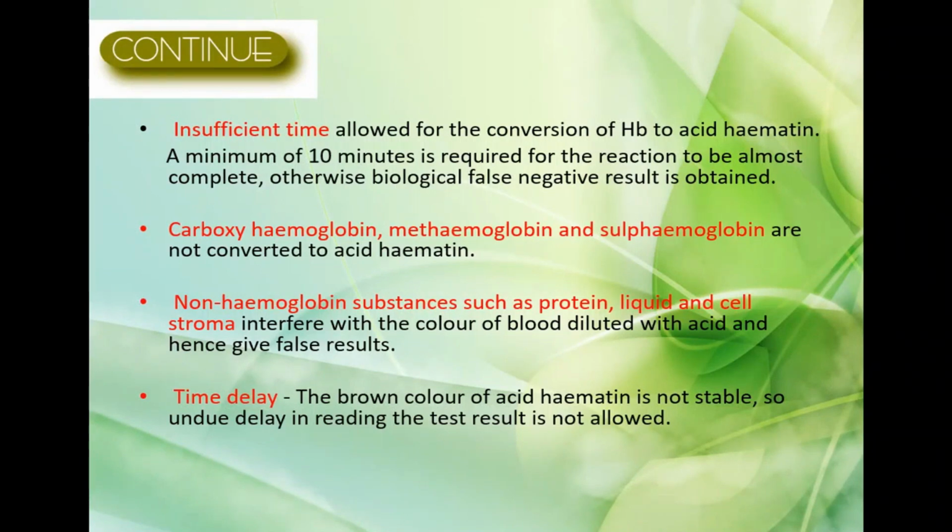The 20 microliters has normal red blood cells, normal hemoglobin, and carboxyhemoglobin, methemoglobin or sulfhemoglobin are also there. But these hemoglobin molecules are not converted into acid hematin. So when not converted into acid hematin, you can't include their value in the hemoglobin value.